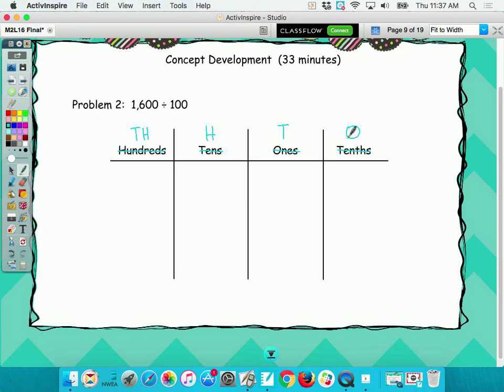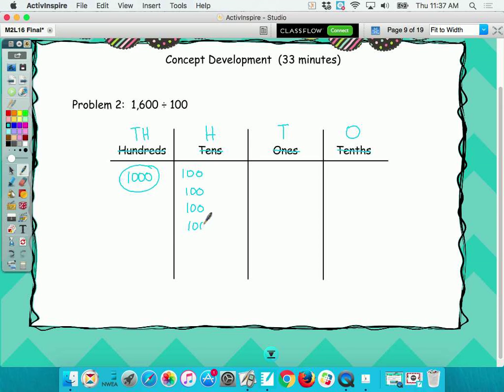How many thousands do I have? 1. How many hundreds do I have? Uh-oh, I made a mistake. I think I better write my number first, don't you? And maybe squeeze them together a little more.